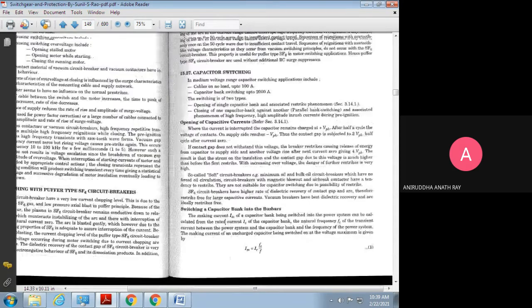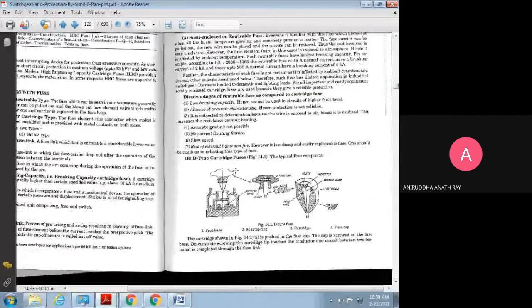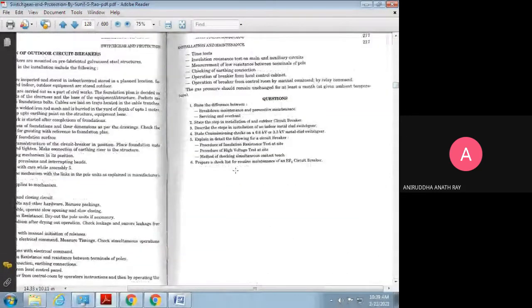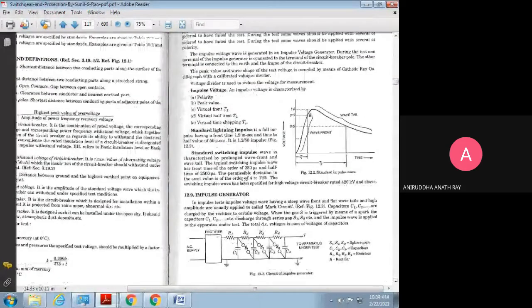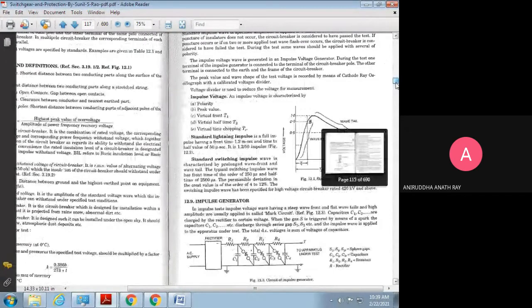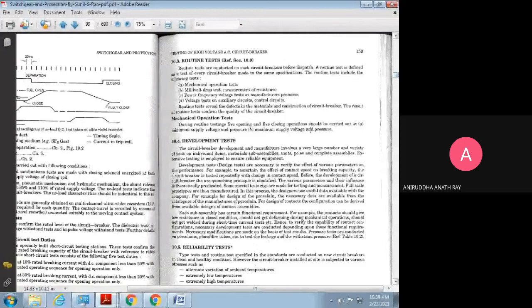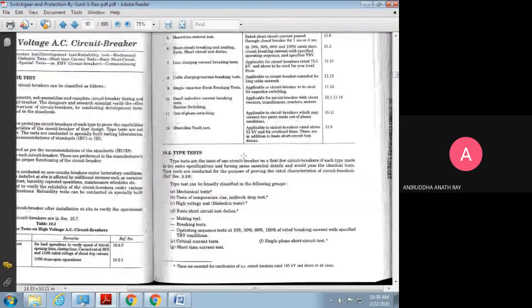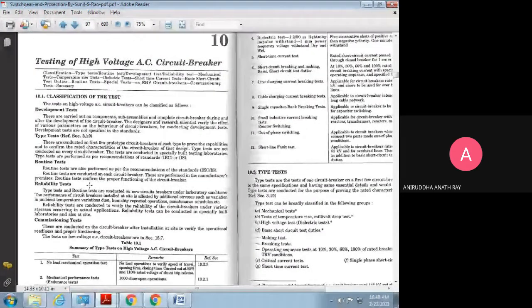Let us go next to the testing of the circuit breakers. Now again, the tests on high voltage.